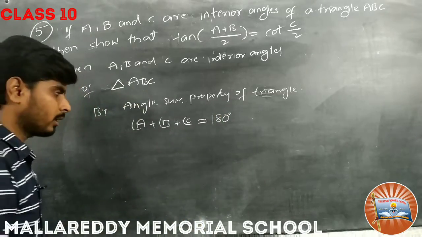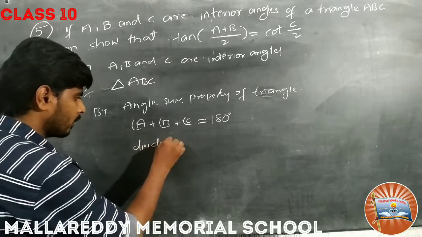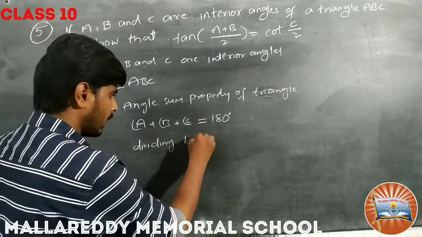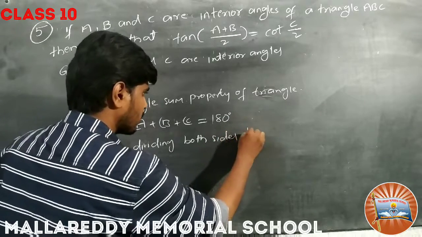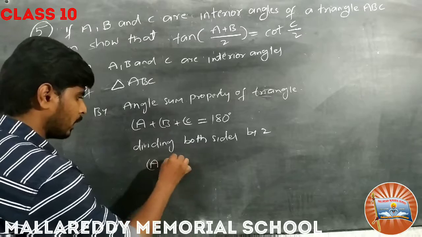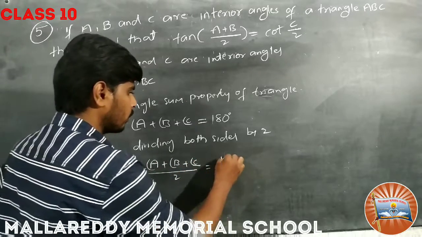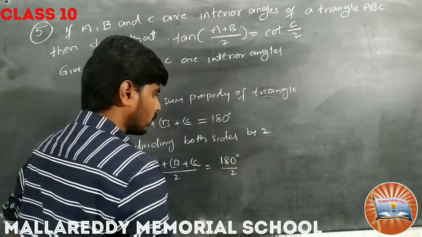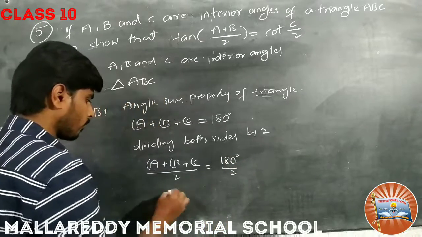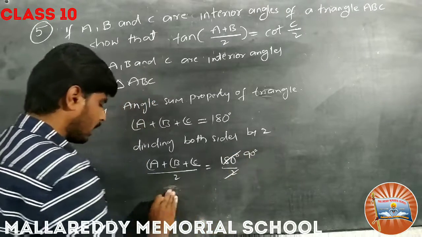Right. So here I am dividing both sides by 2. It means (angle A plus angle B plus angle C) by 2 is equal to 180 degrees by 2. What becomes, ma? So it becomes 90 degrees, and here I am going to break this.